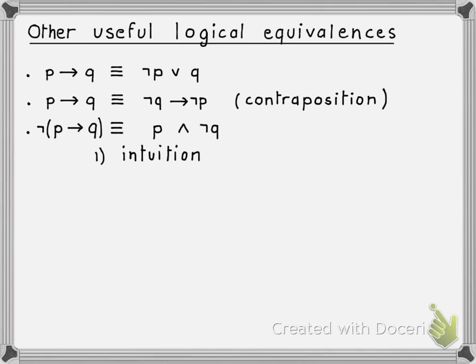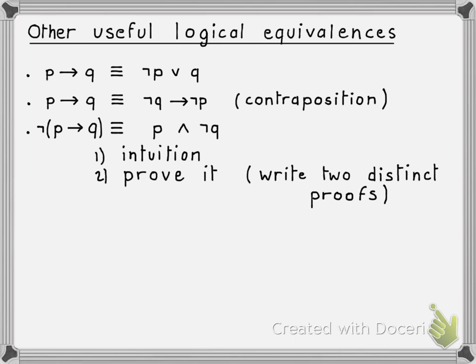Now what I want you to do is to actually prove it. And I want you to do it in two different ways. The first way is well known to you, but doesn't hurt to practice it, is use the truth table algorithm to prove this logical equivalence. The second way I want you to write the proof is to use equational reasoning. And so my suggestion is to start from this logical equivalence and maybe put parentheses around the left-hand side and then put a negation in front of it.